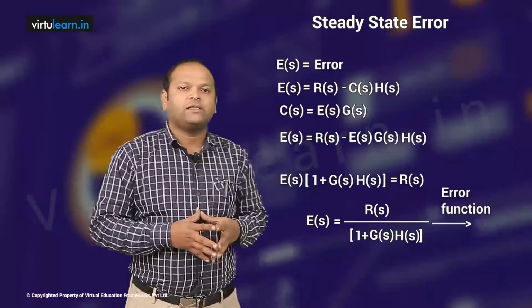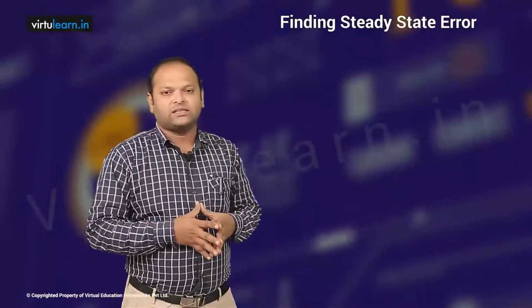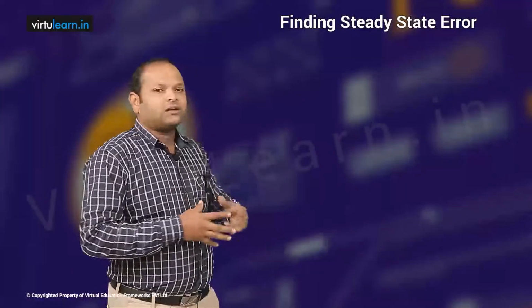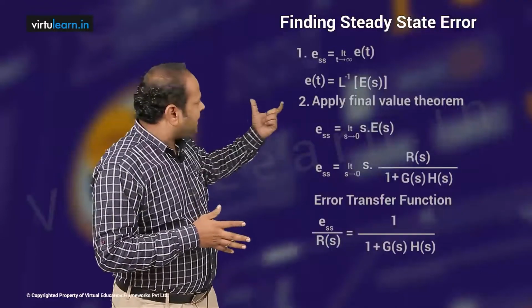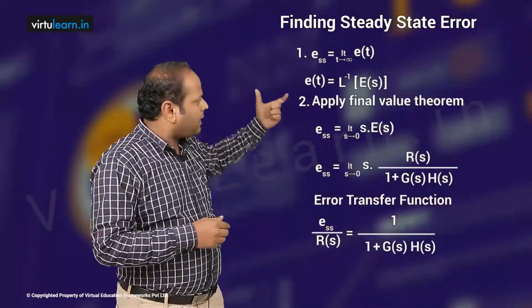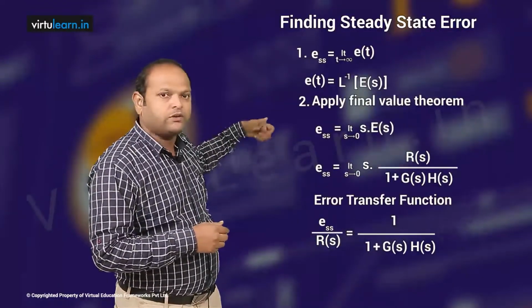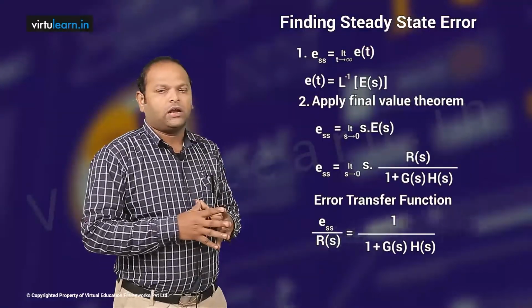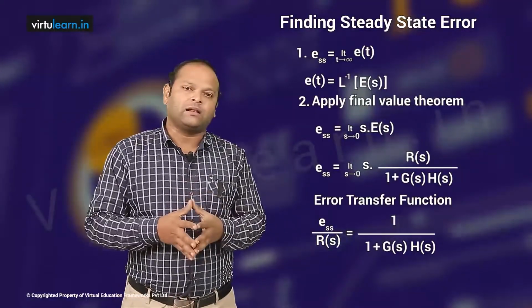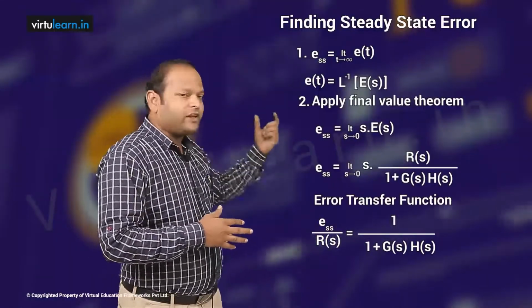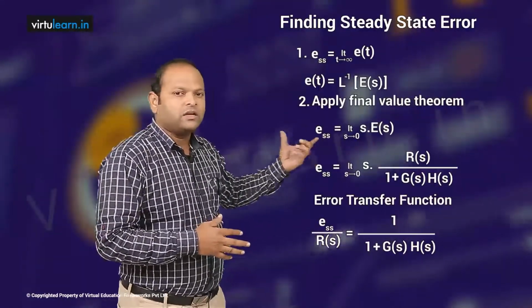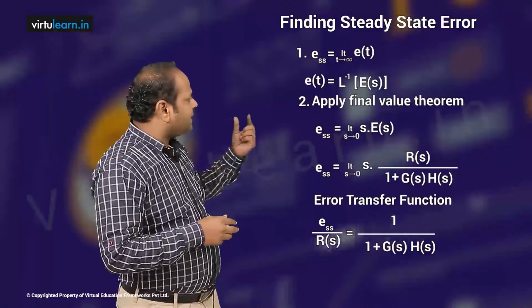Now how to find the steady state error? There are different ways to find it. Generally there are three methods. One is, as the error function is available, apply the inverse Laplace transform so that you get e(t). And we know the steady state error is the error at infinity. Therefore e(infinity) is the steady state error, generally represented as ess.